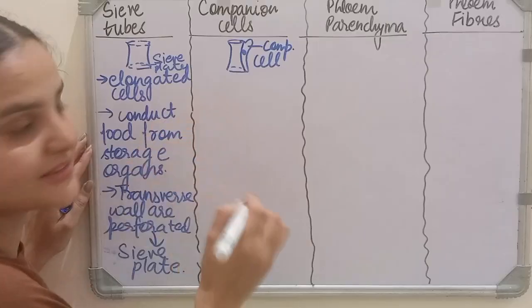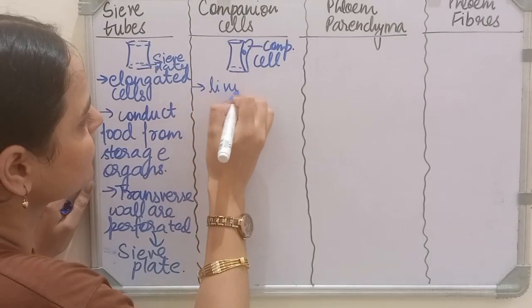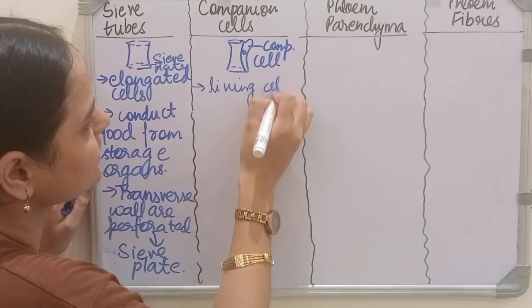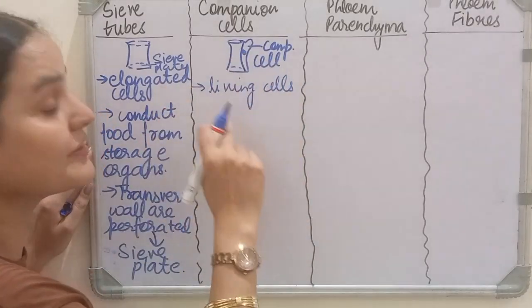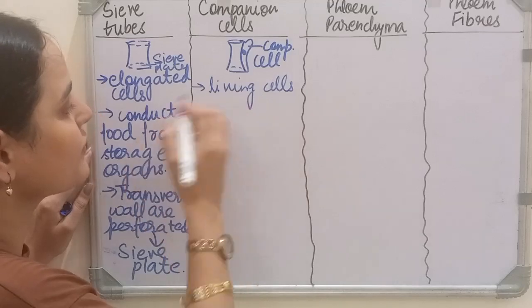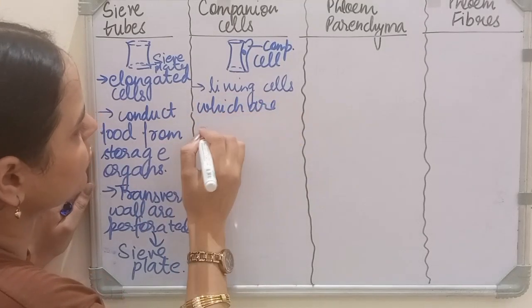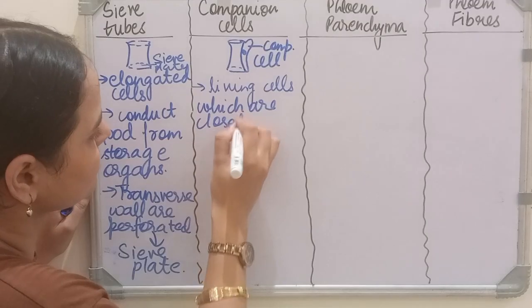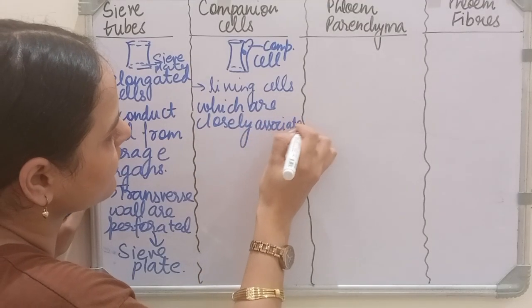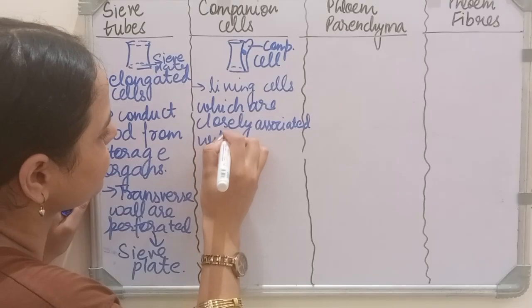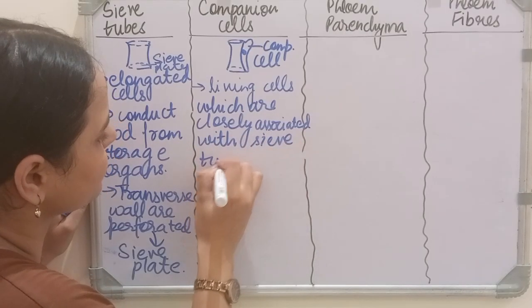These companion cells are living cells because nucleus is present. So these are living parenchymatous cells, which are closely associated with sieve tube.